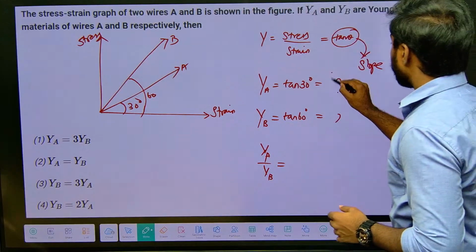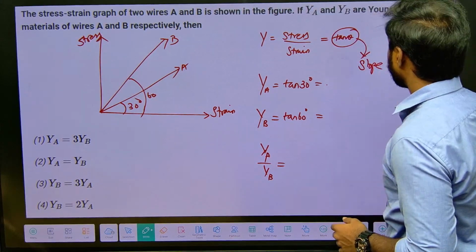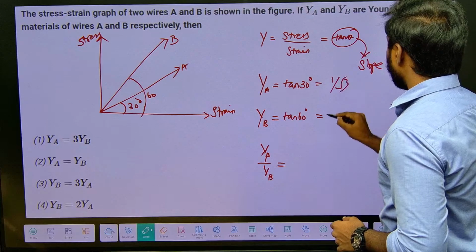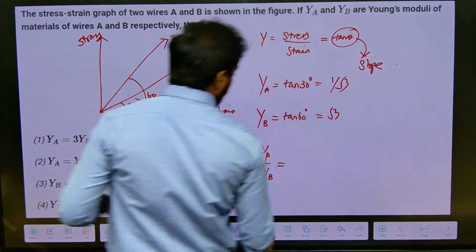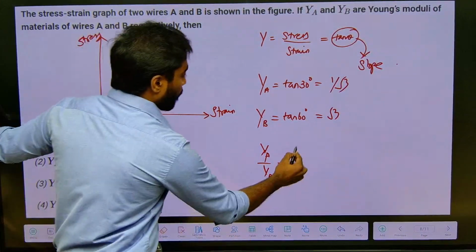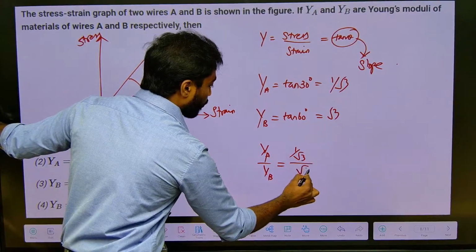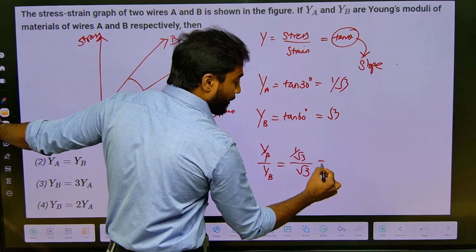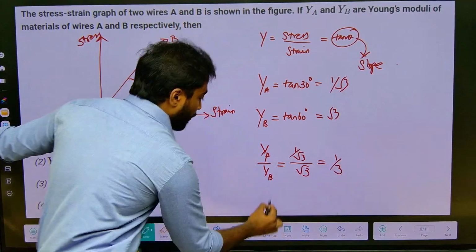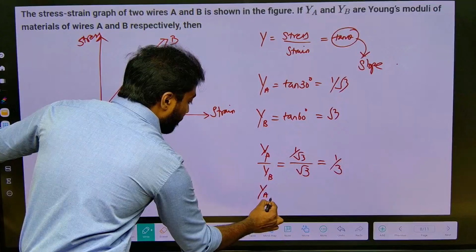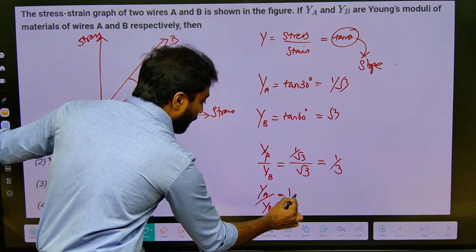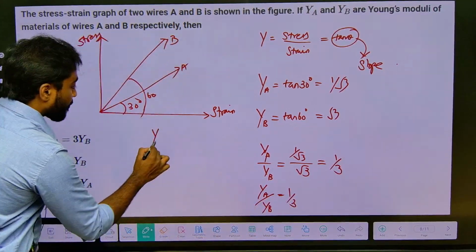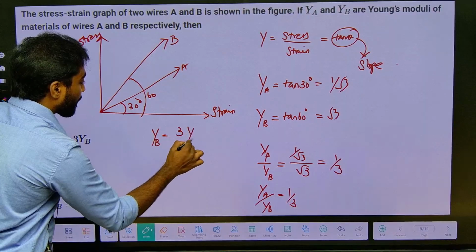Yes, so it is 1 by root 3. YA is 1 by root 3, YB is root 3. So YA by YB will be equal to 1 by 3, where Young's modulus of B will be equal to 3 times Young's modulus of A.